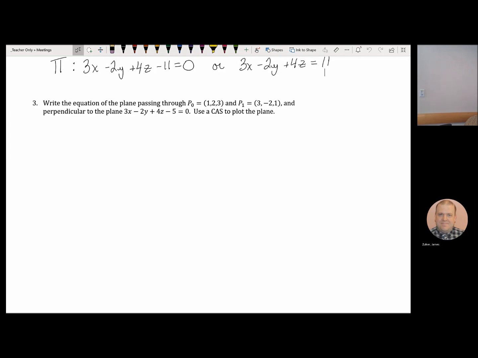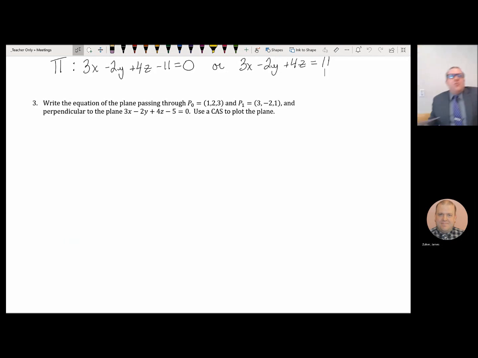Same plane, same normal vector, right? We would all agree that this is perpendicular to this plane. What can you say about the two normal vectors? The normal vector is also perpendicular, right? Yep.